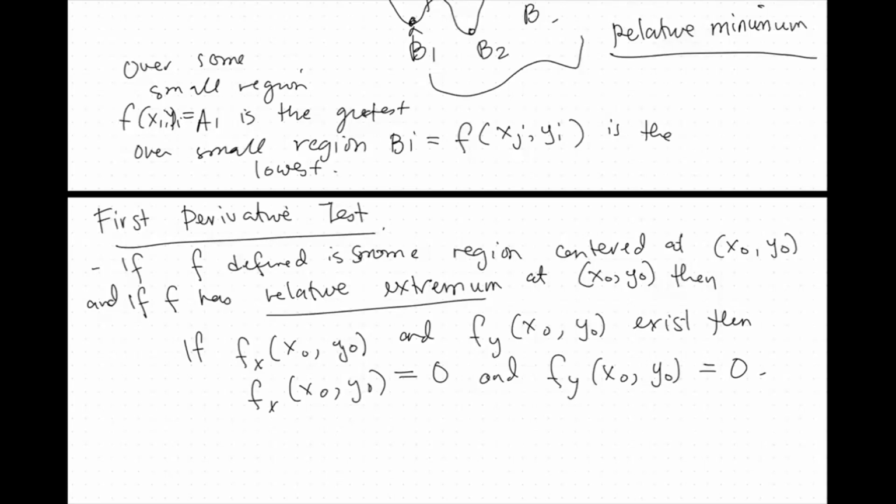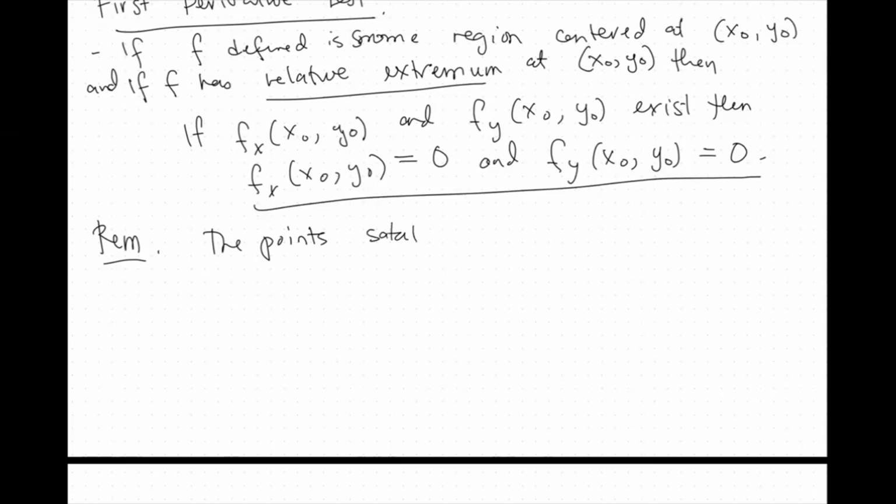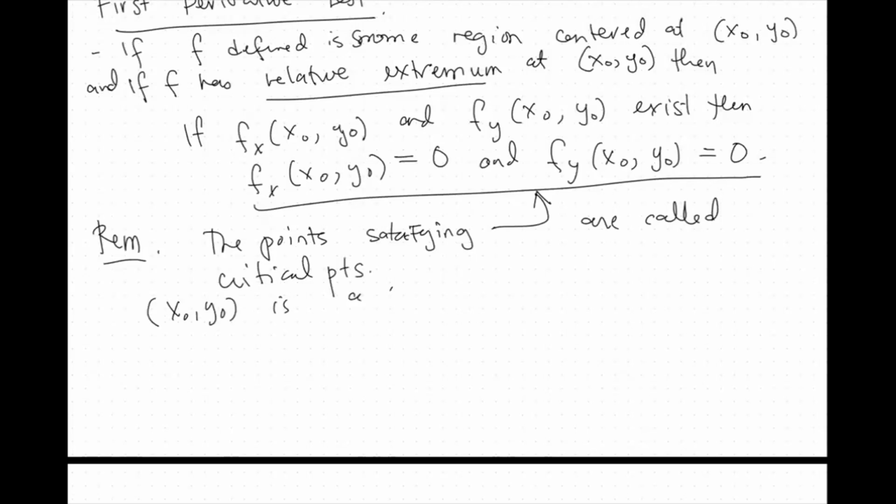Okay, so a remark: the points satisfying this are called critical points. So here x0, y0 is a critical point if the following are true.